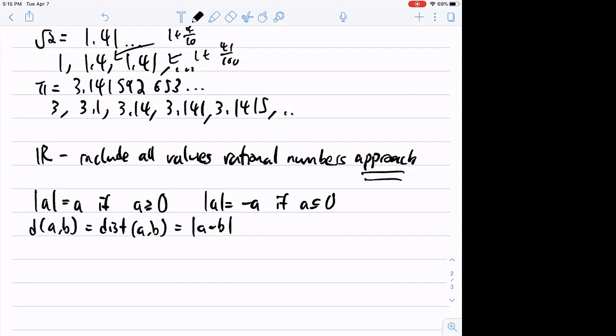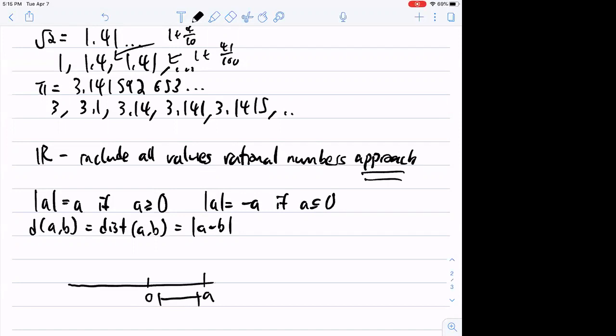So pictorially, what this means is, well, what is absolute value of A if you want to write it pictorially? It's actually the distance from 0 if you were to write it on the number line. So if you have a number line and A is here, the distance to 0 is the absolute value, right?